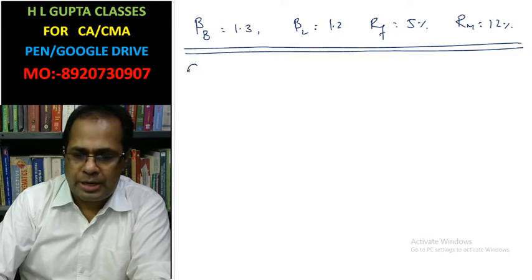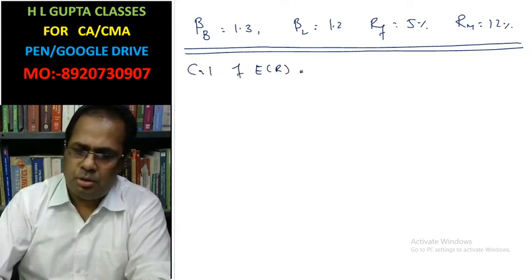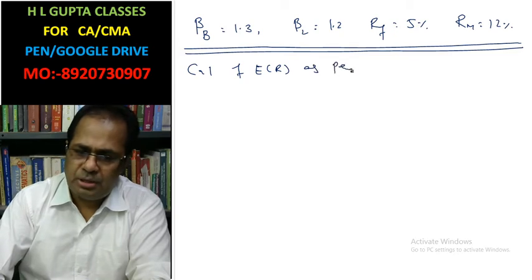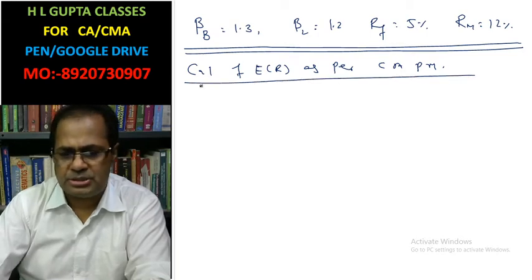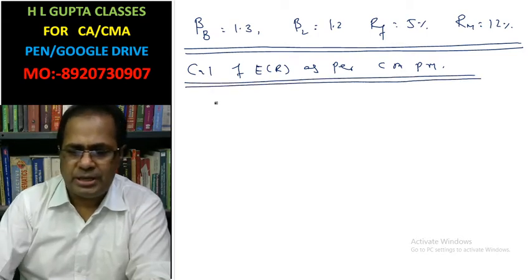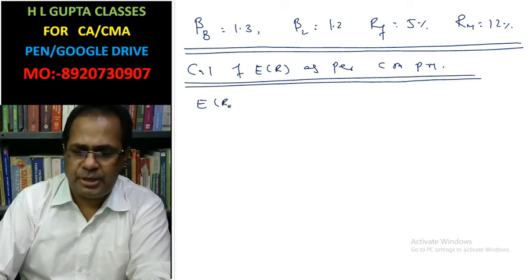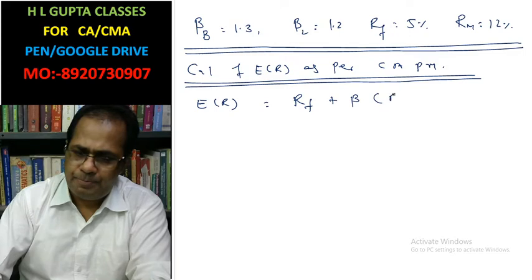Now, calculation of expected return as per CAPM. What is the expected return as per CAPM? It is the risk free rate of return plus beta times (RM minus RF).